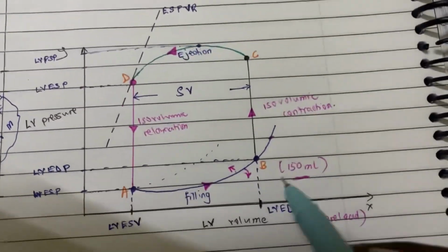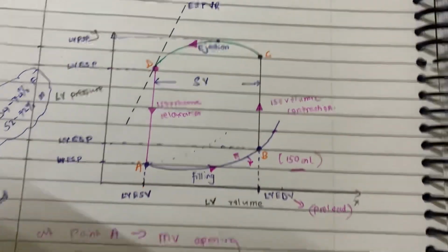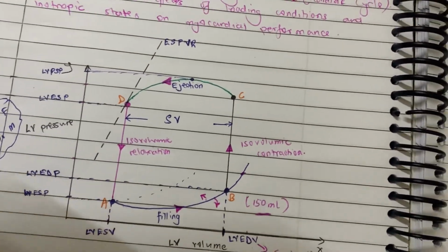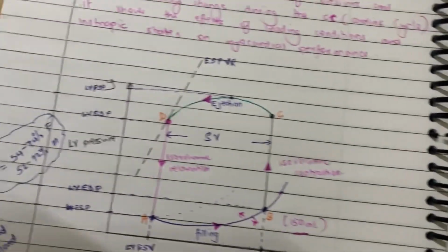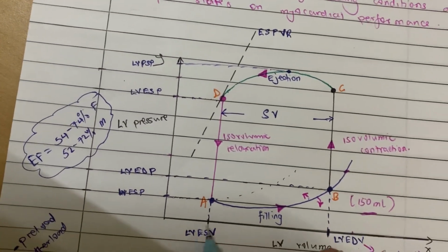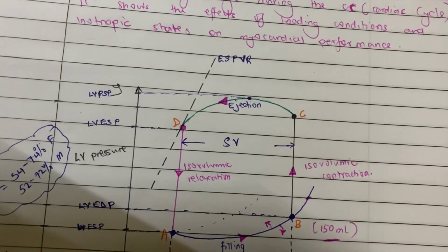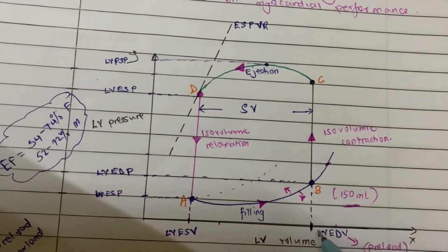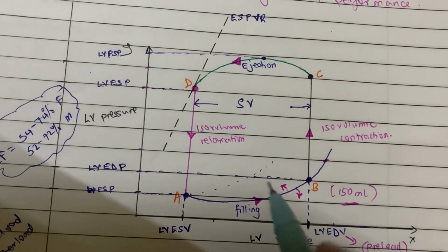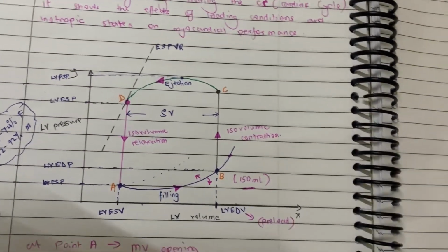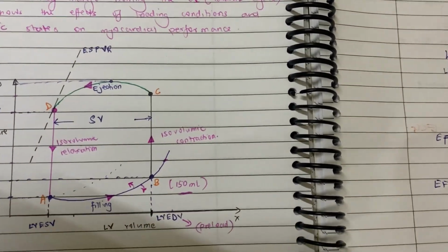Now, for example, this LVEDV was 120, and this LVESV was 60.